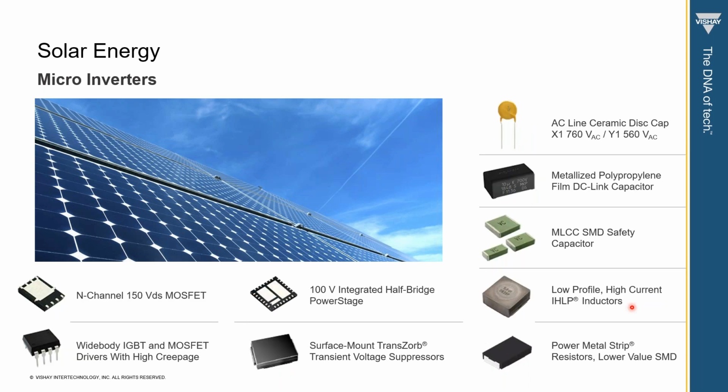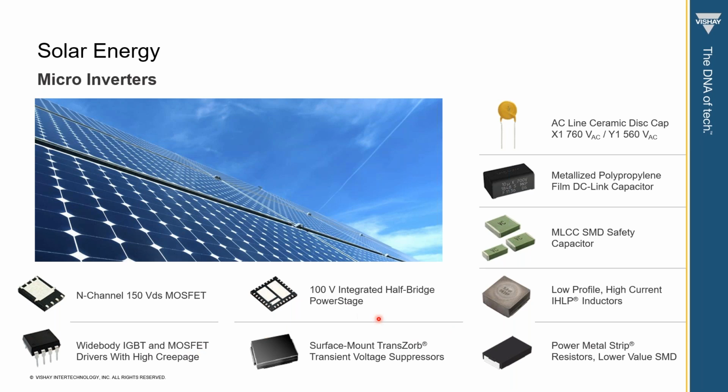The following slide will show the Vishay products for the micro inverter. We have the N channel 150 volt DC MOSFET, the white body IGBT, and the MOSFET driver with high creepage.